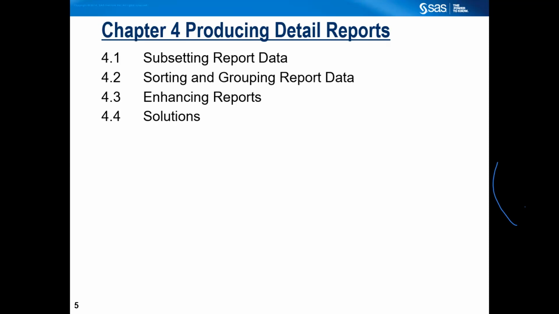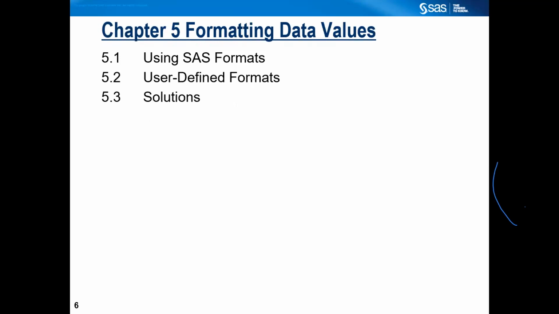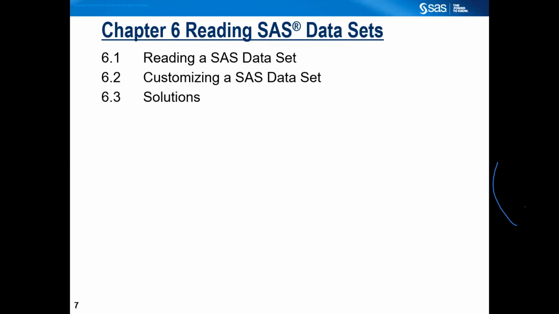The fourth chapter is producing detailed reports, where you will learn how to submit report data, sort and group your data, and enhance your reports. The fifth chapter is all about formats, in detail. Sixth is how to create your own data sets.